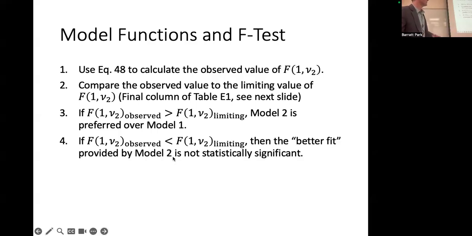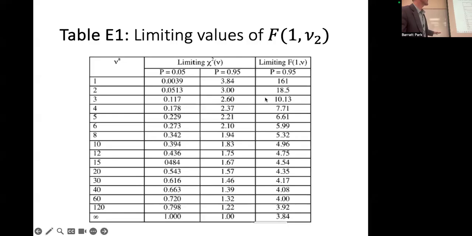Okay, so the table that you can look up these F values in is shown here. This is the table that's in your lab manual. It's table E1, so it's in Appendix E of Chapter 1. Let me move this so that my mouse works better.